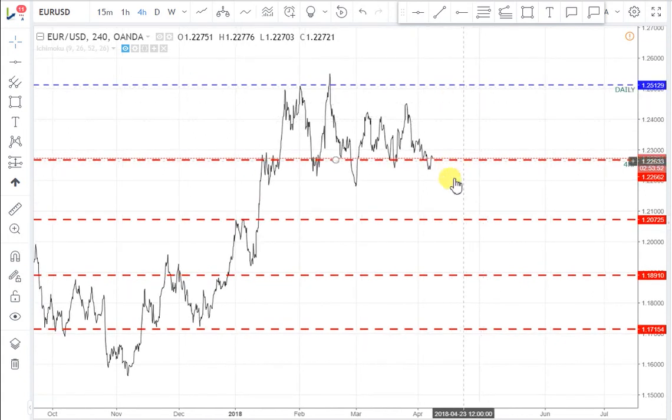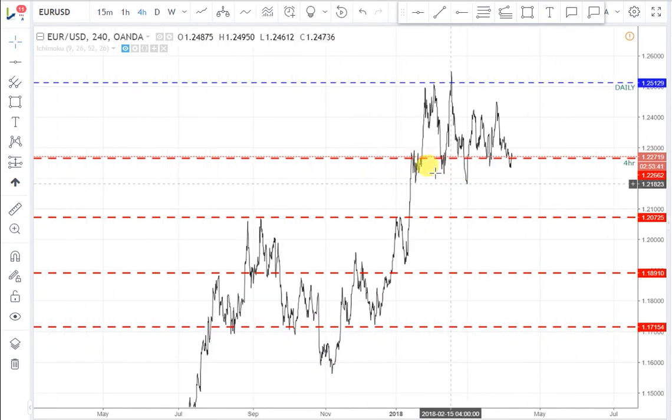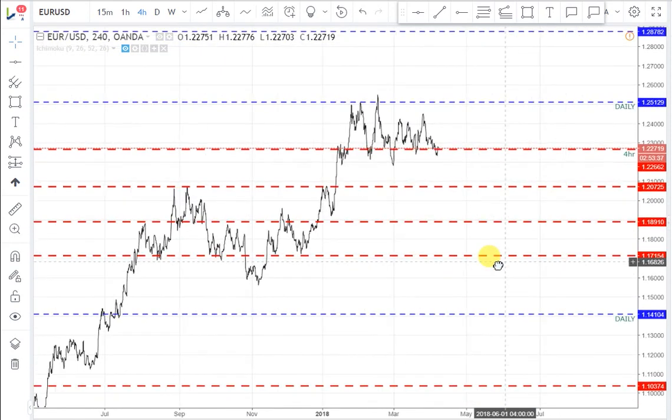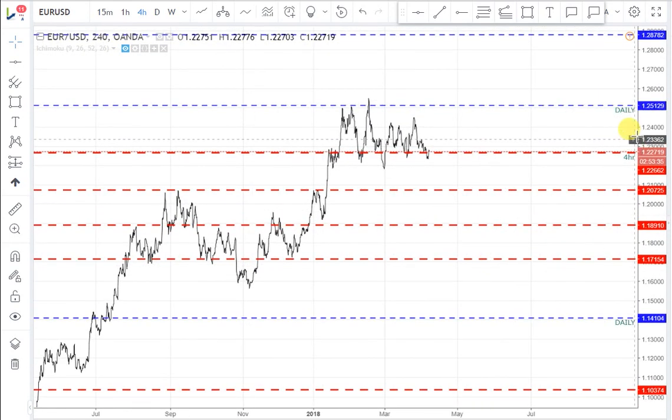So support and resistance lines are definitely one of the biggest traders' tools that are most widely used to identify levels. One other thing that is more obvious as a support resistance line or levels are key prices. Like in Euro, 1.2400, 1.2300, 1.2000, 1.2, things like that.